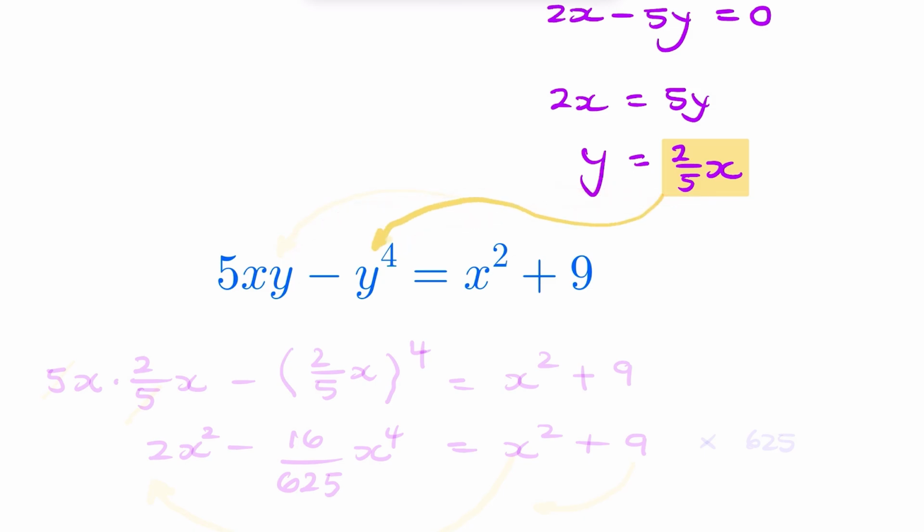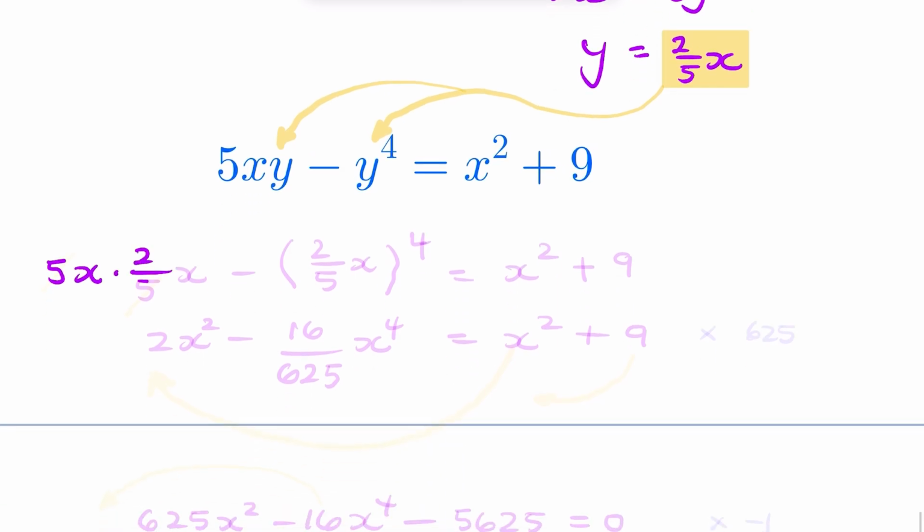I've got two instances of y, one there and one there. I can replace those with 2 over 5 x. So now I have 5x times 2 over 5 x minus (2 over 5 x) to the power 4 equals x squared plus 9.